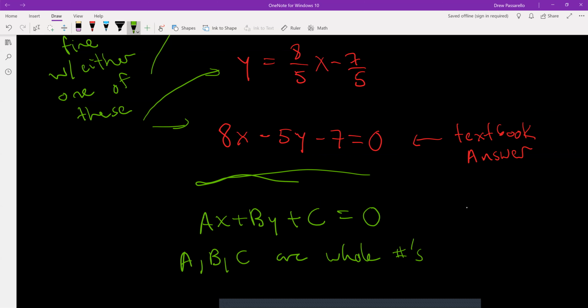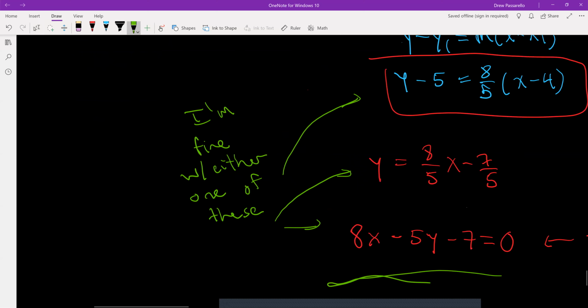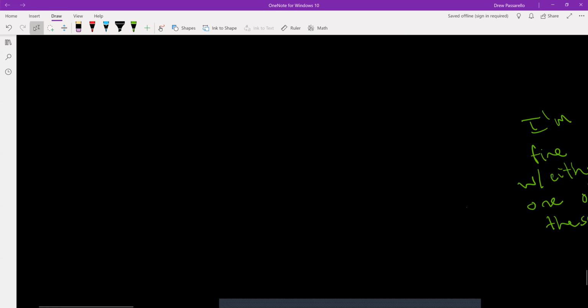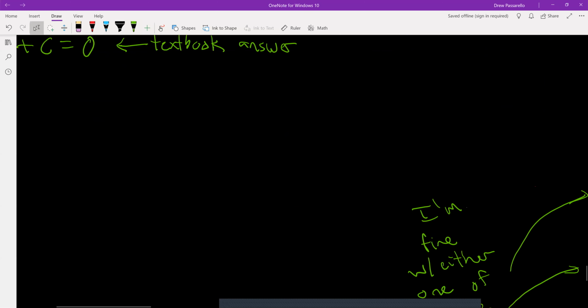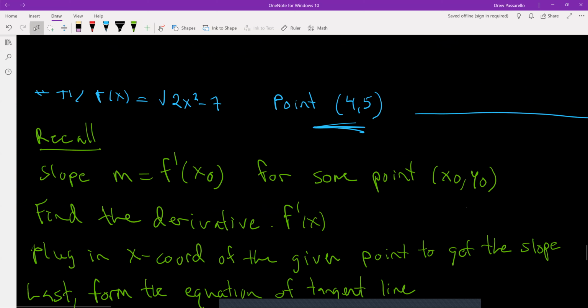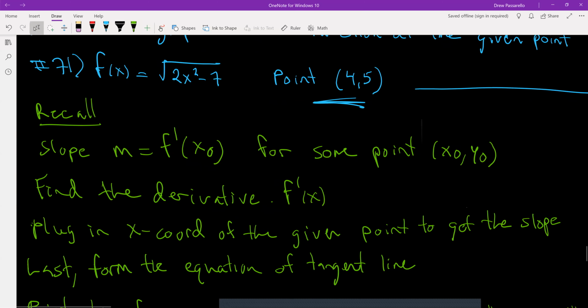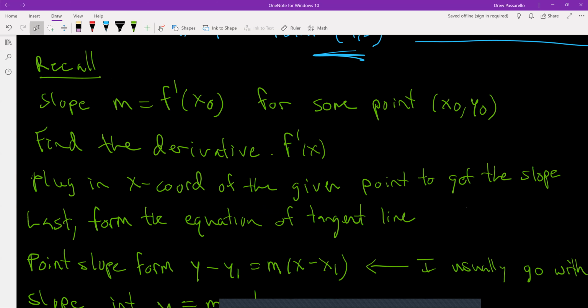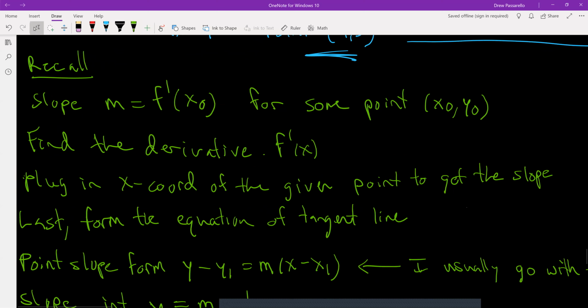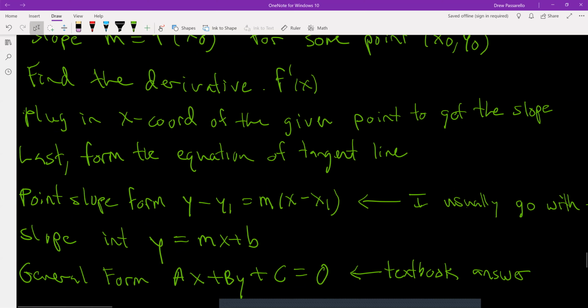All right, so that concludes the section. That was just an example where you find the equation of the tangent line. We've dealt with finding the equation of the tangent line before. It's just this one we had to use chain rule for finding the derivative. So again, the steps are: you find the derivative. After you find the derivative, you get the slope by plugging in the x coordinate of the given point.